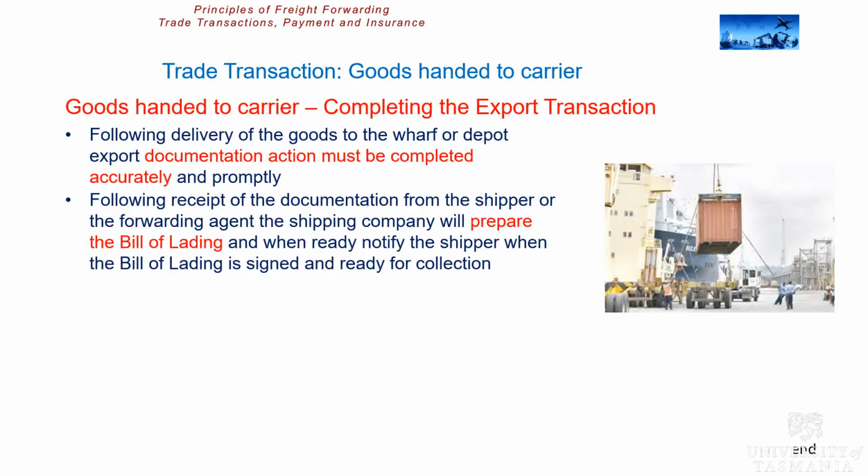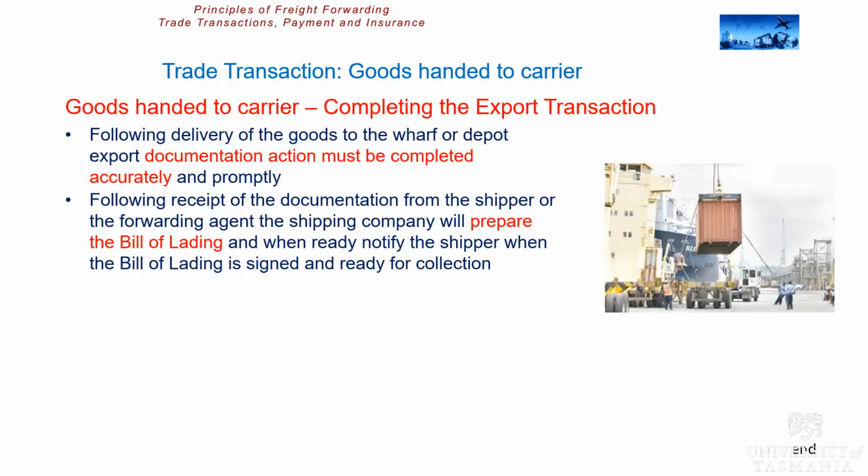So the forwarding agent, it could be a freight forwarder, or the shipping company will prepare a bill of lading. And as soon as that bill of lading has been prepared, they will notify the shipper that it's signed or it's ready for collection.